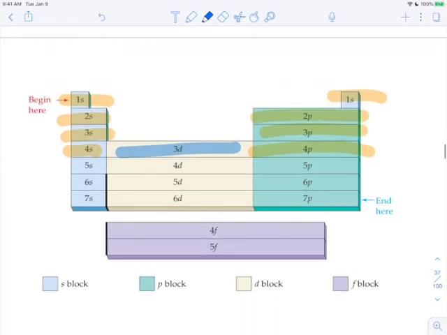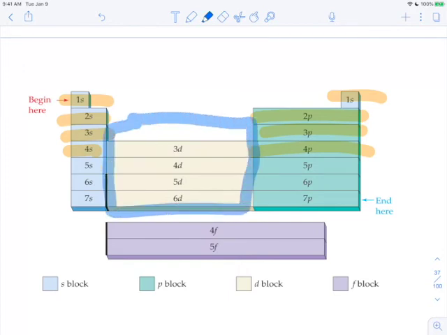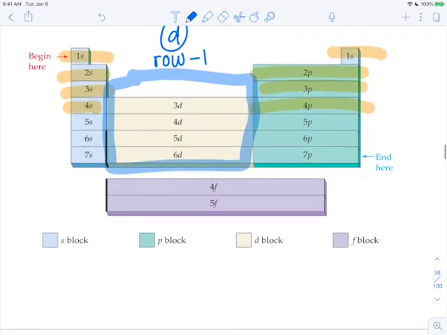Now, one thing that I'm going to recommend to you for the F's is not to worry about the rule. Oh, and I see, are they all row minus 1? And for the D's, they will be, yes. So the D's right in here will always be row minus 1, yes. And there is a similar rule for the F's, and the F's will be row minus 2, but because there's only 2 of them, my recommendation is that you just remember these as 4F and 5F.